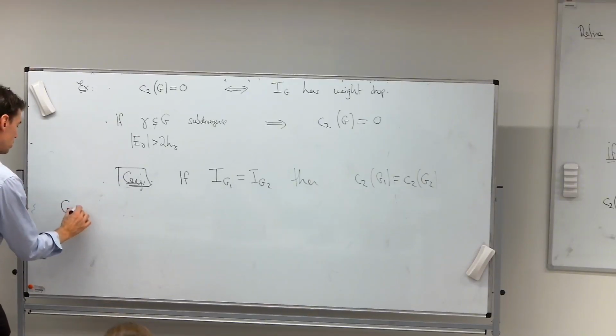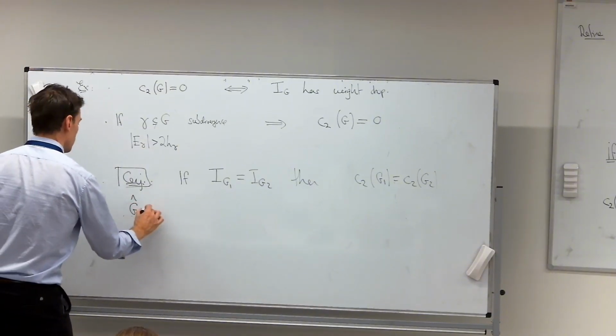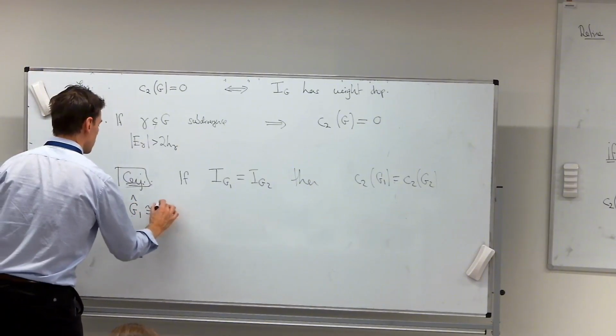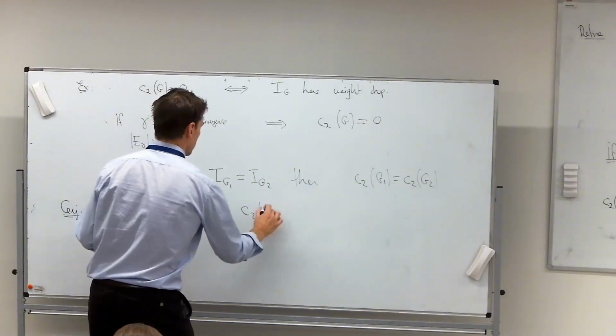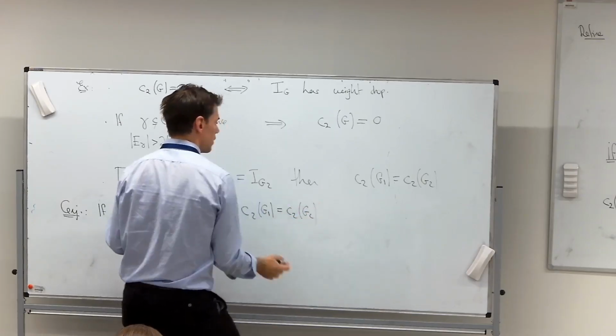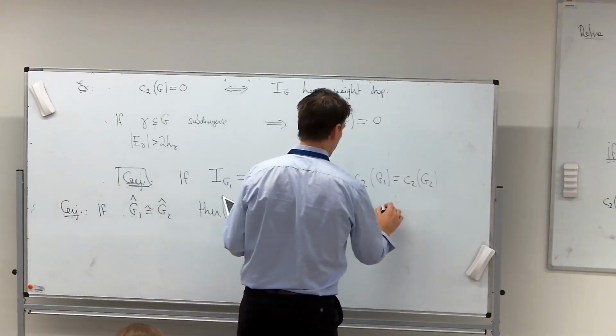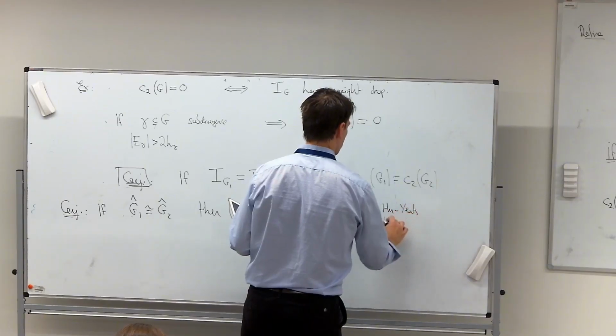So conjecture: if the completion of G1 is isomorphic to G2, then C2 of G1 equals C2 of G2. And this was recently proven by Hu and Yeats and Hu and Panzer.